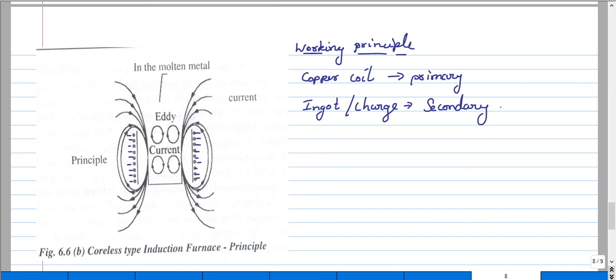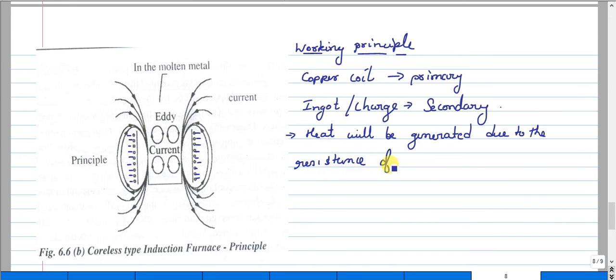Heat will be generated due to the resistance of the metal.